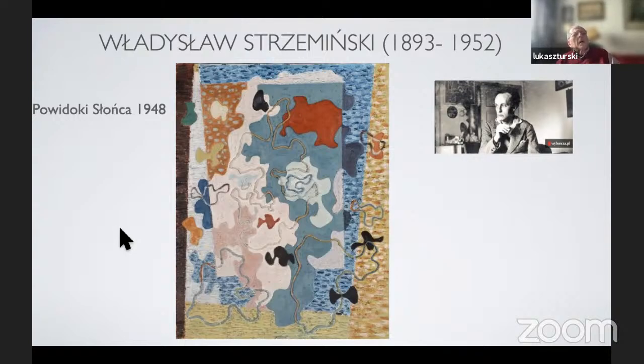Strzemiński, after the war, returned to his home, to the town where they were living before the war, the town of Łódź, which is west of Warsaw, a 1 hour drive. And he opened the School of Art there.